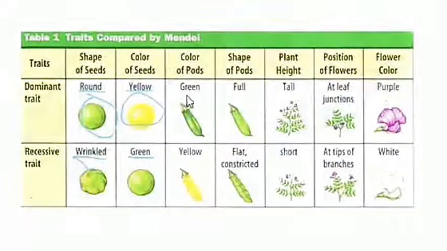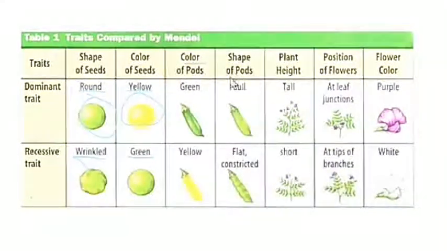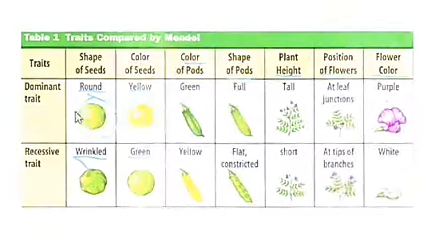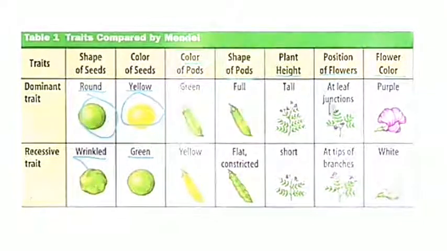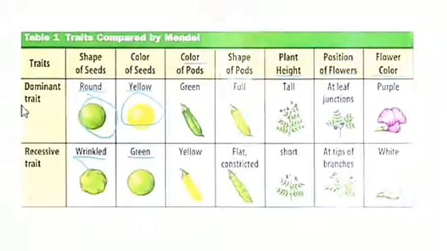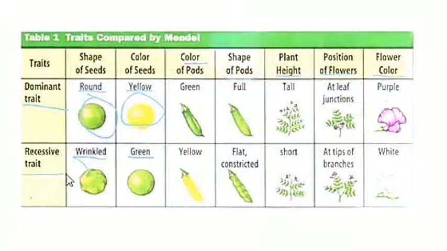Similar results were gotten with the color of pod, the shape of pod, the height of plants, the flower position, and the flower color we studied earlier. So the question is, what has happened to the recessive traits in the F1 generation? Could it be that these traits have disappeared from the line? No, we'll look at that in the next cross.